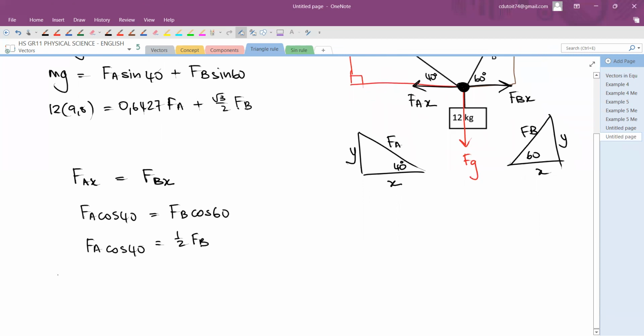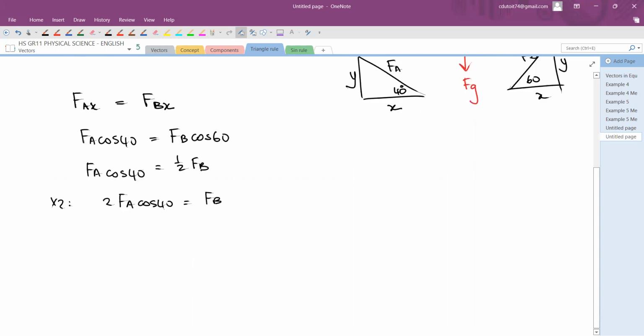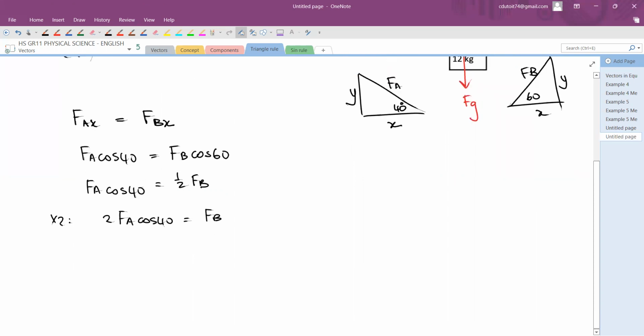So look at what I'm doing now. I'm going to multiply with 2. Then I get 2 FA cos 40 equals FB. Now I can find FB. It would be better to write it like this: FB is FA times 2 cos 40. That's better.